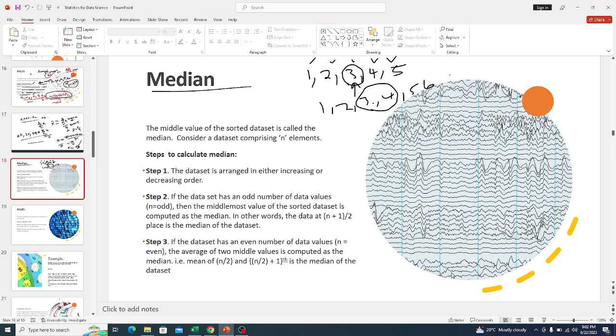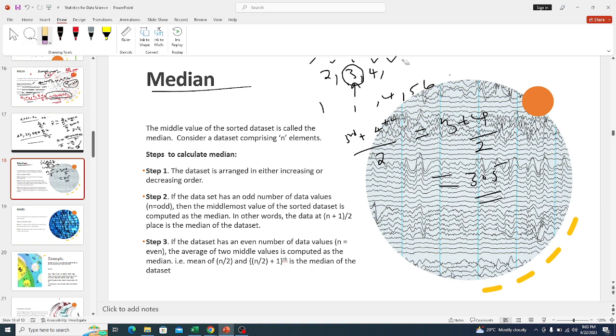So for this case, we take the third value plus the fourth value, divided by 2, where it will be 3 plus 4 divided by 2, which is 7 divided by 2, 3.5. So our median will be 3.5. Don't forget about that.